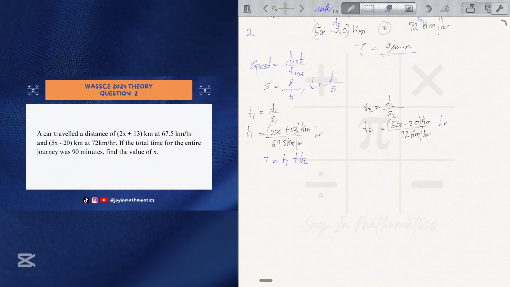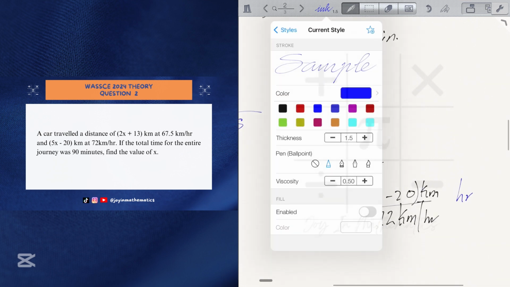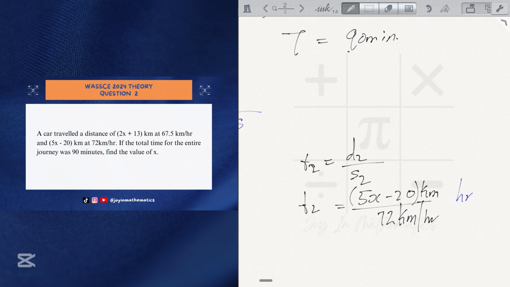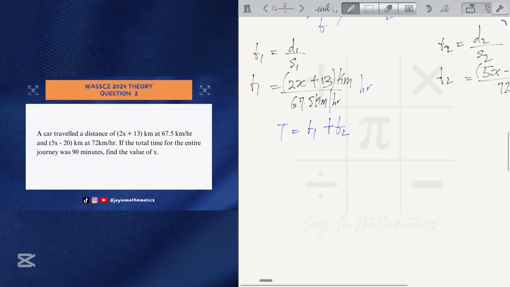However, this T is given in minutes, so we have to convert it to hours. We divide by 60 minutes, because 60 minutes make an hour, and this gives us 1.5 hours. So the total time is 1.5 hours, and we can now substitute the values.